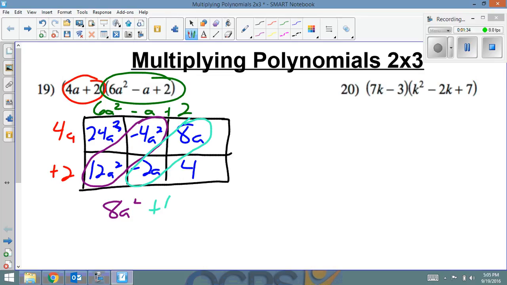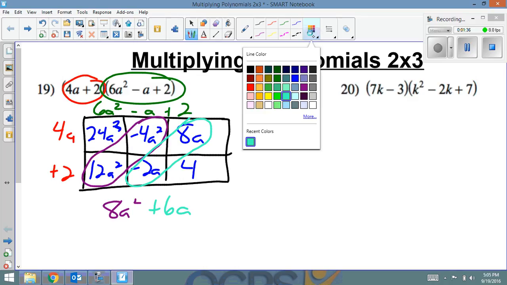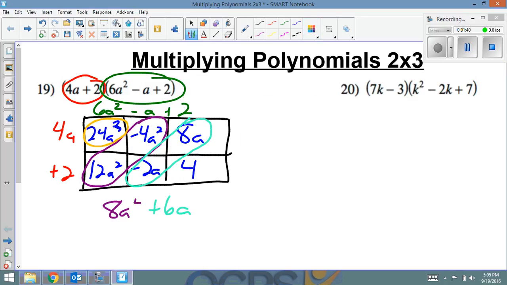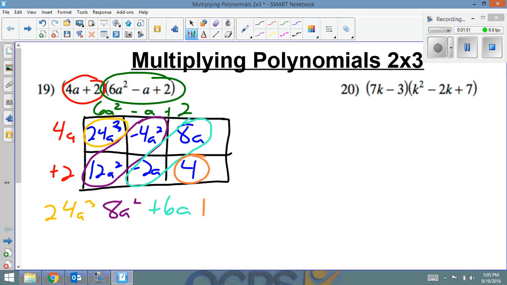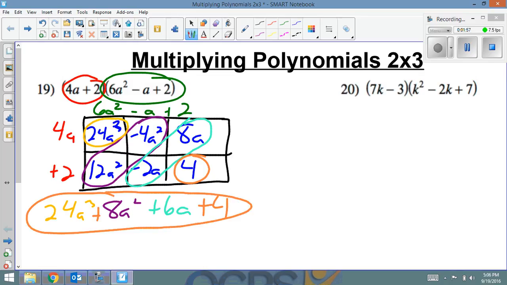That gives us positive 6a. This term that's in the front here, this 24a to the third, that's just going to go in the front. And then this term that's in the back, this 4, is going to go in the back. And that would be your final answer. Make sure you got your pluses in, and there's your final answer.